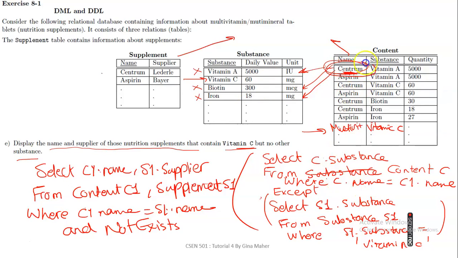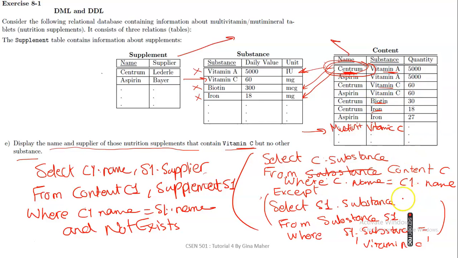Let's assume that we have Centrum. Now we want to make the difference between them. The difference here will get the substance where the name equals to the name. What is the substance when the name is equal to Centrum? It is vitamin A, vitamin C, biotin, iron.